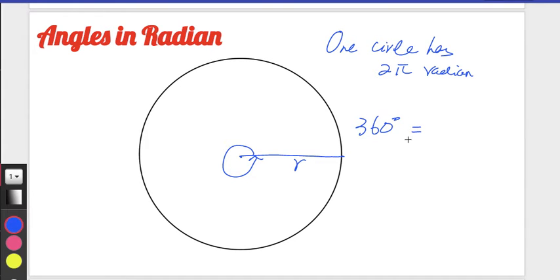That means 360 degrees, the whole space of the circle's angles, is the same as 2 pi radian. Sometimes we write radian as a unit, sometimes we don't need to write it, but we still know this is radian. So 360 degrees equals 2 pi radian. That's what we conclude from the circle, from the degree to the radian.